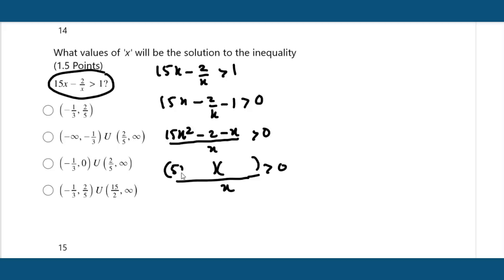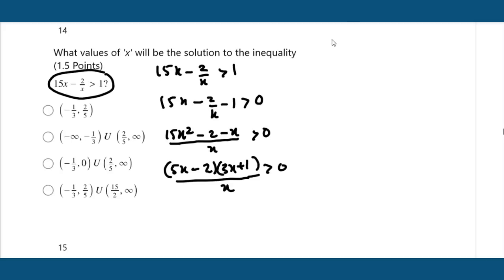So 15 is 5x, 3x, and 2, 1, with signs so that we get the same middle term. Or you can use the calculator EQN mode to find this.